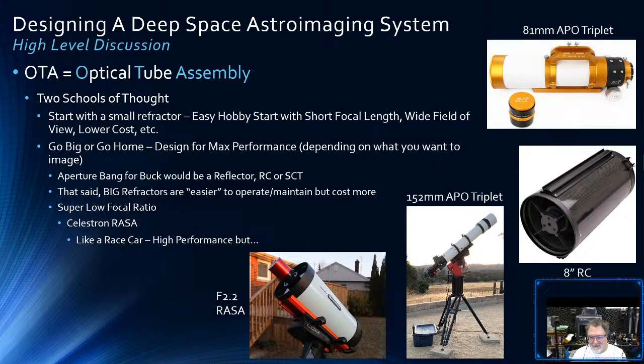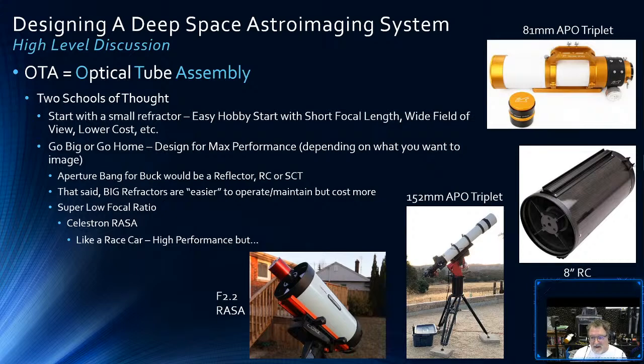And so then I'd say the second school of thought is, go big or go home. So, if I'm going to do this thing, I'm going to go all the way, right? So design for the maximum performance. Again, depending on what your goal is in terms of objects. And so, aperture is king.